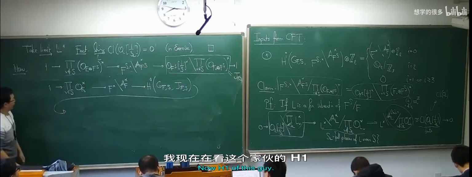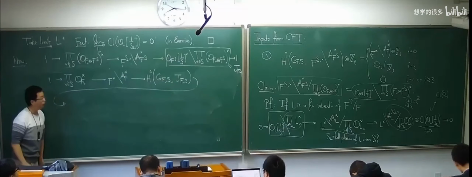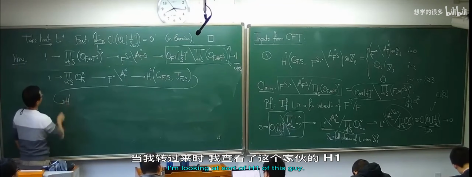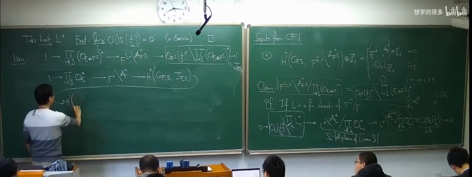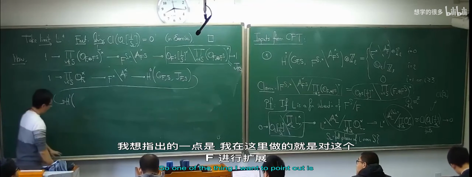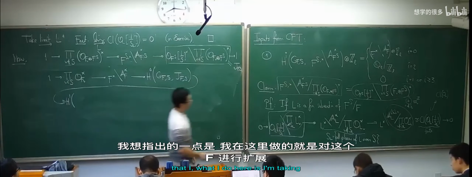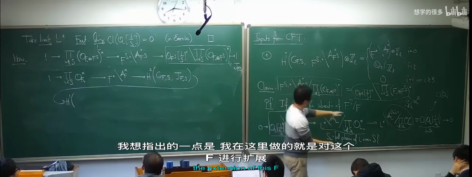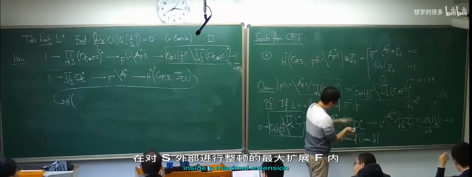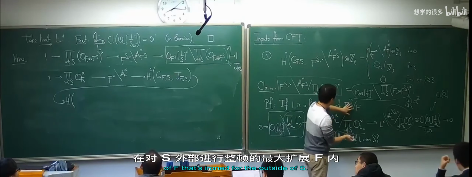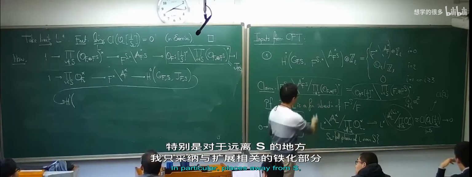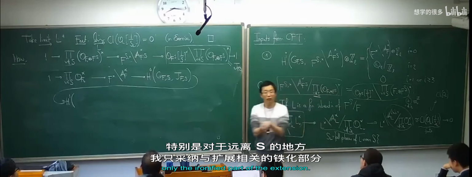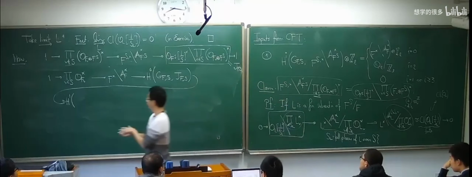Now H1 of this guy. As I come around, I'm looking at H1 of this guy. One of the things I want to point out is that what I do here is I'm taking the extension of this F inside a maximal extension of F that's outside of S. In particular, at places away from S, I'm taking only the unramified part of the extension.